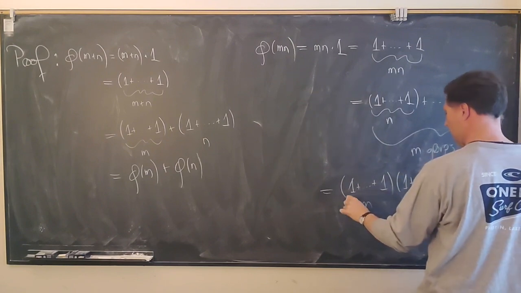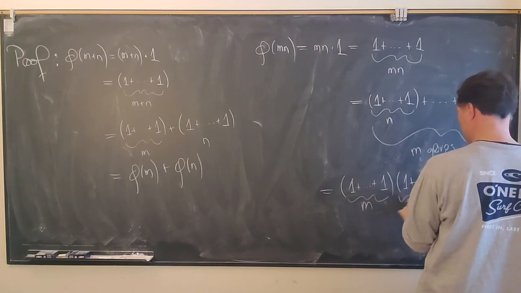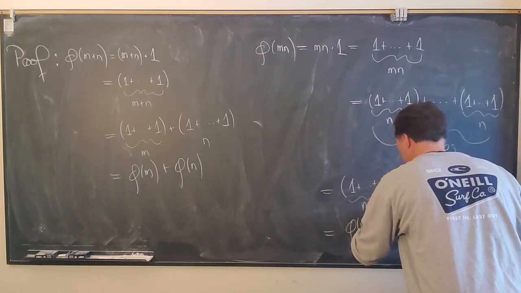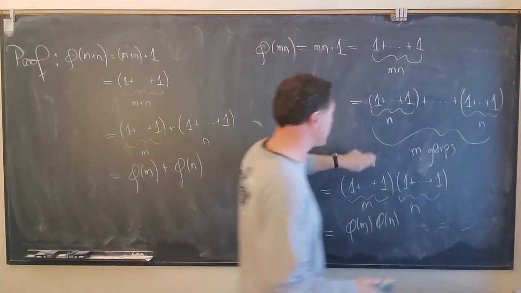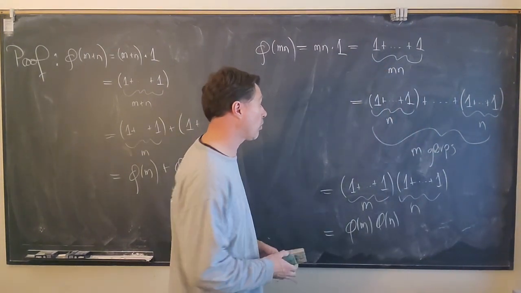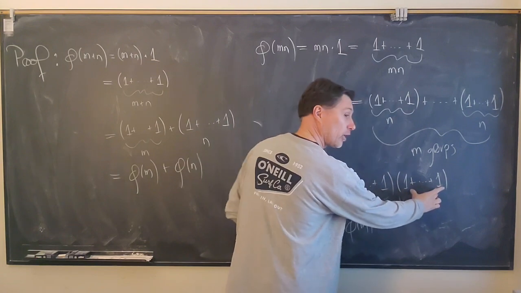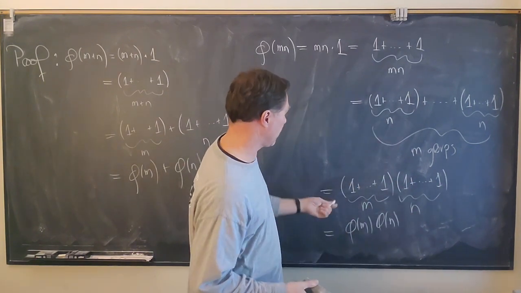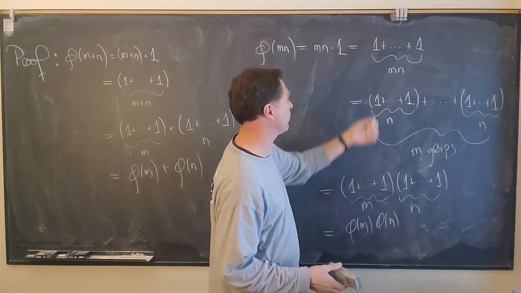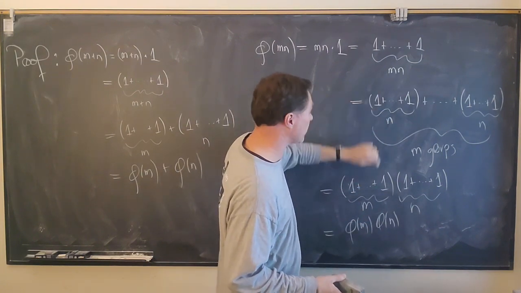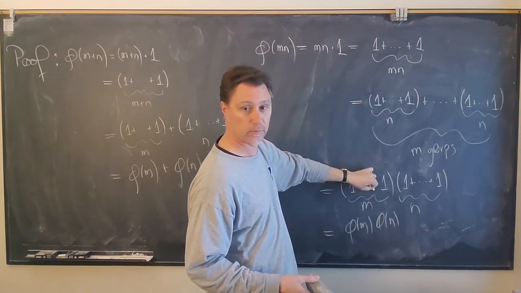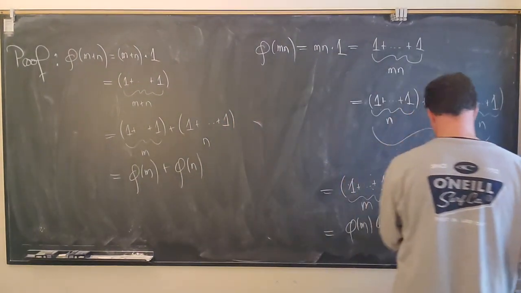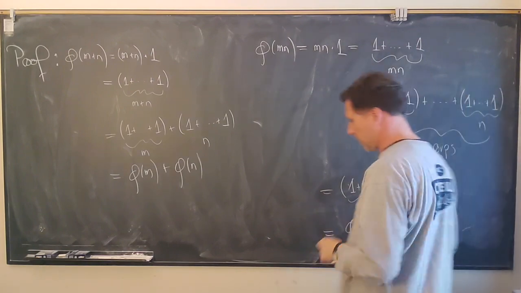So there would be n of those, and so that will be phi of m times phi of n, right? So I'm applying the distributive property from here to here. For each of these ones, you're going to get a group of n ones, right? Multiply that out, and if you go from here to here, you're sort of undistributing, I think. Anyways, okay, so that completes the proof.